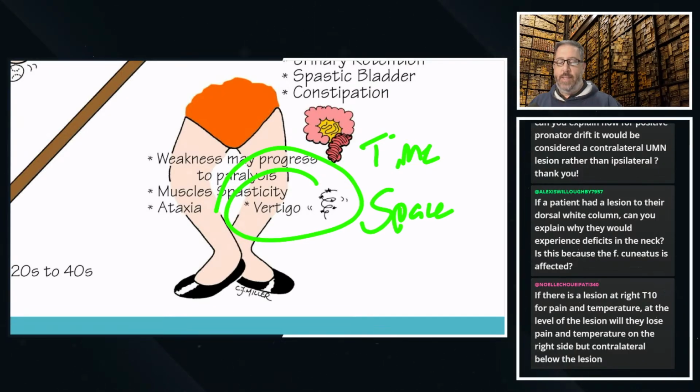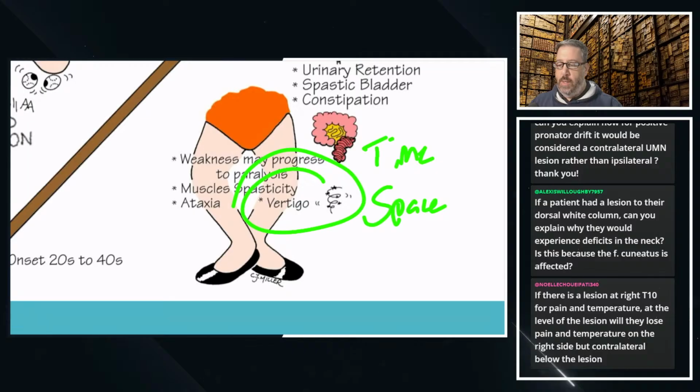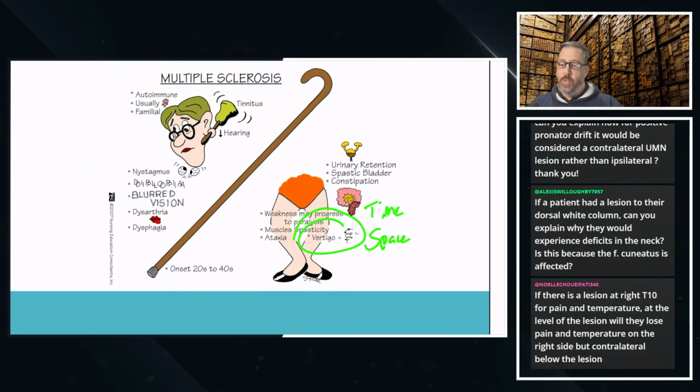So any lesion along the brain or spinal cord will cause issues. Depending on where these lesions occur, you're going to have symptoms wherever the lesion is occurring. So there's a lot of different symptoms. A lot of them have common ones that happen along the way.